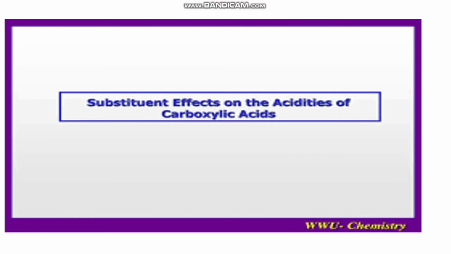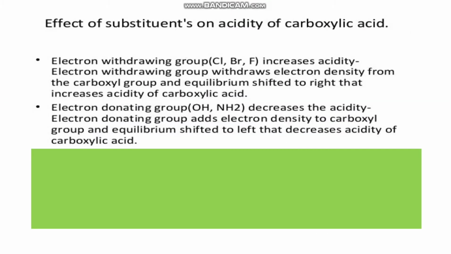Now let's see the applications of the inductive effect in the acidities of carboxylic acids. First, let's see the effect of substituents on the acidity of carboxylic acids. What is a carboxylic acid? RC double bond O OH. This is the structure of a carboxylic acid. What do we mean by acidity?